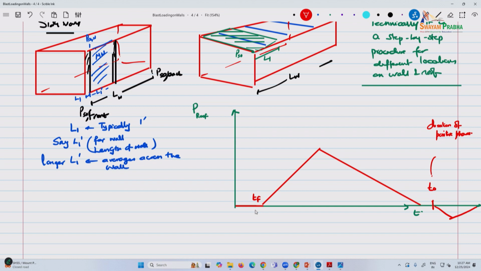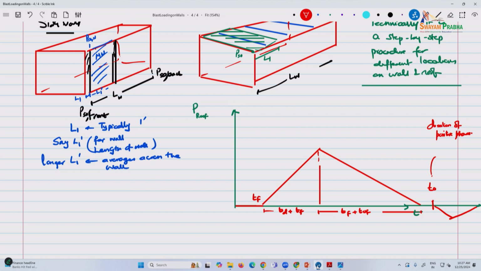This TF would be the TD plus TF, and here you have TF plus.